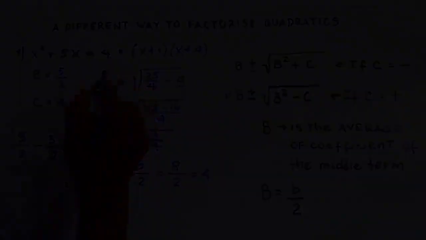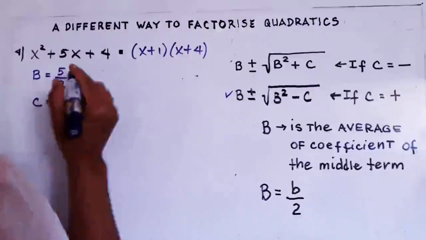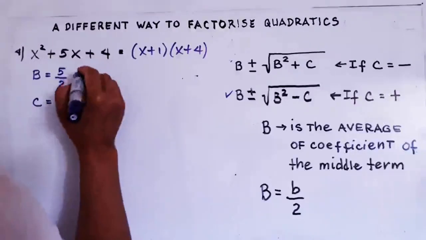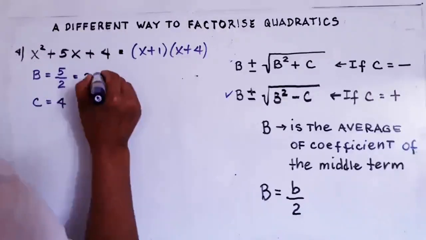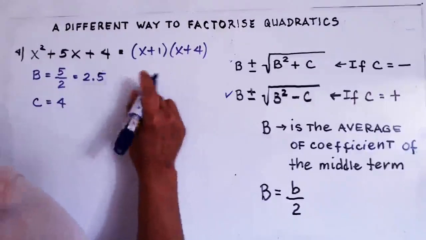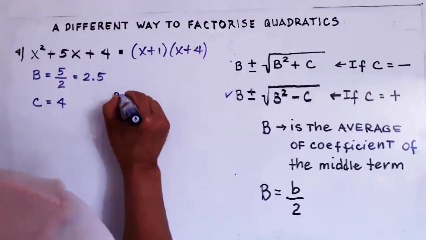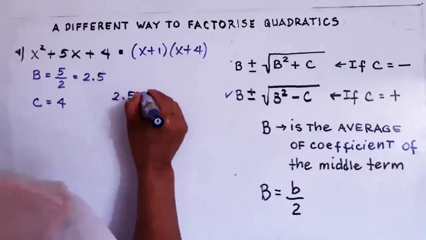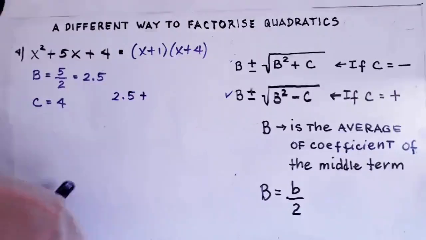Alright, check. So here, we divide this one. 5 over 2 is 2.5 here. So here, just going to have a 2.5 here and the plus. Later with the minus.